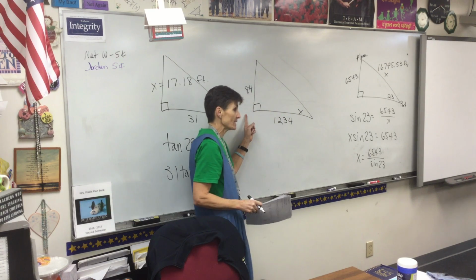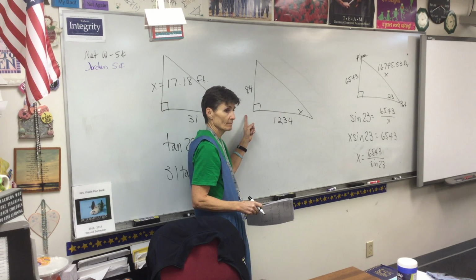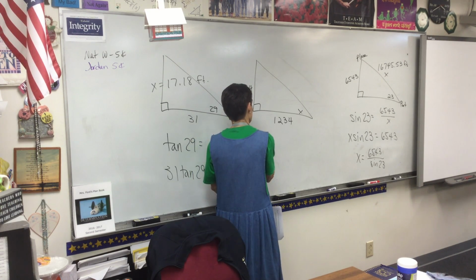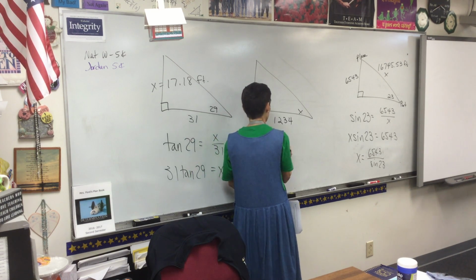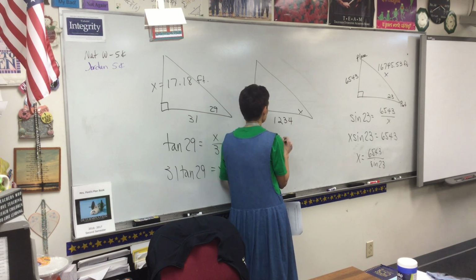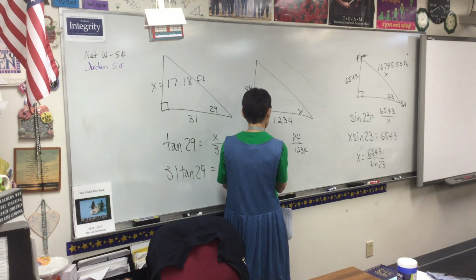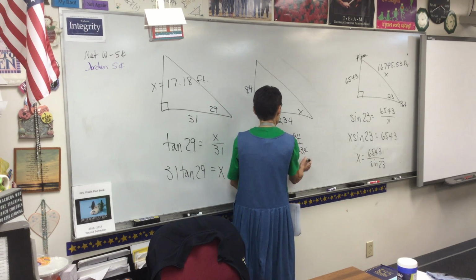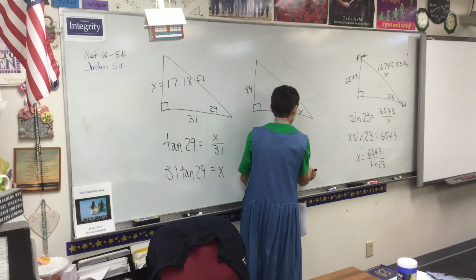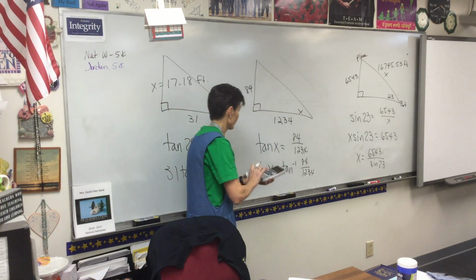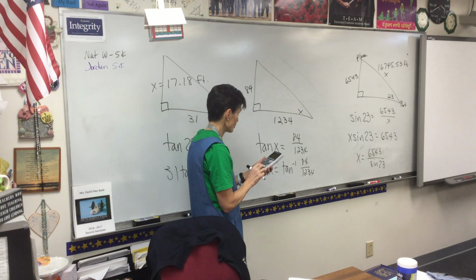This is how far he's standing from the building. Tangent. So tan x. Uh-oh, I'm gonna have to do second tan, that's exactly right. It's always a second problem when you are looking for the angle. So second tangent of 84 divided by 1,234.